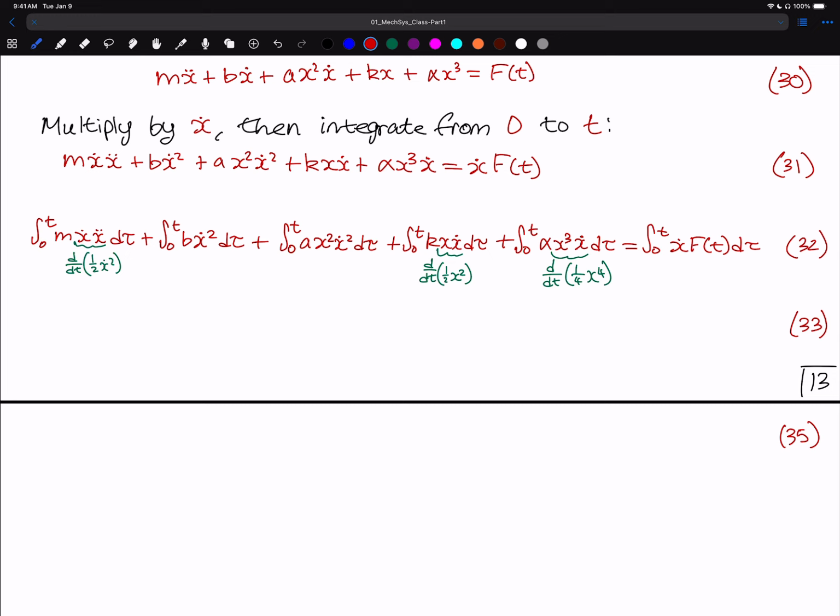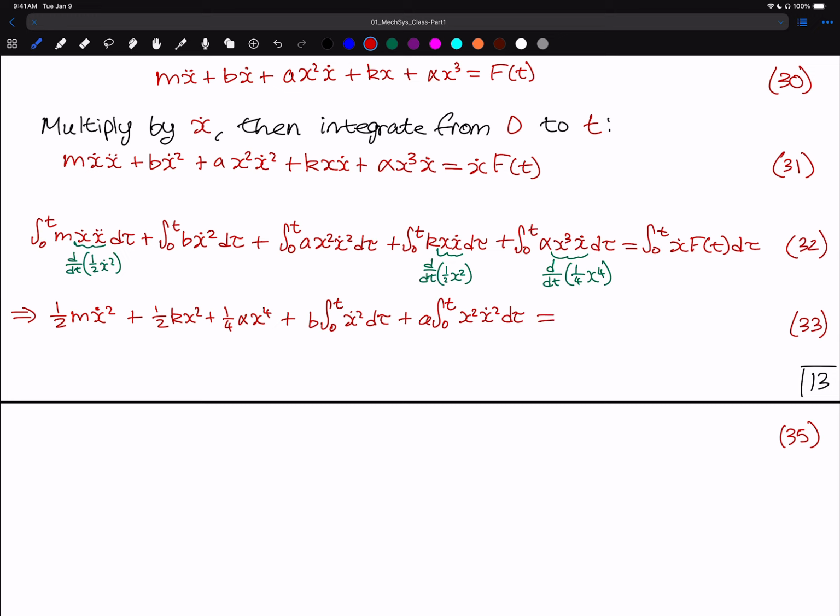And then as a result, we get 1/2 m x dot squared evaluated at time t plus 1/2 k x squared plus 1/4 alpha x to the 4th plus b times the integral 0 to t x dot squared d tau plus a times the integral 0 to t of x squared x dot squared d tau.